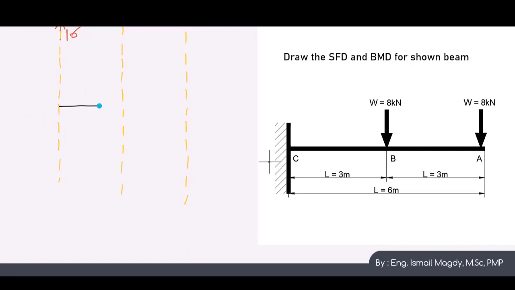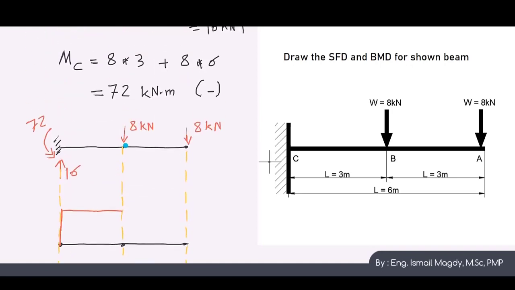Let's start first with the shear force diagram. We will start from the left. The first force we will face is the reaction. It's 16 kN going upward from the left side, which means it is positive. So we will go upward here, and there are no other vertical forces, so we'll keep going horizontal till we reach this point where there is this 8 kN going downward.